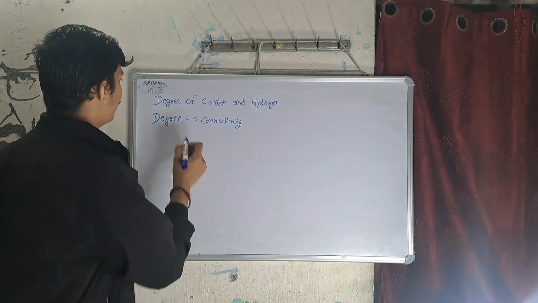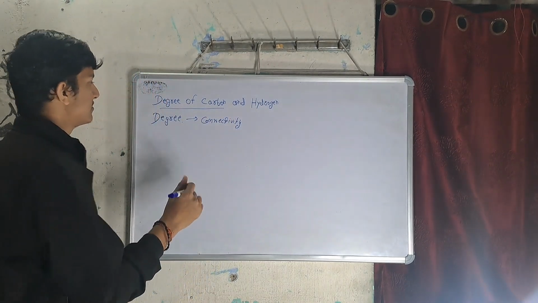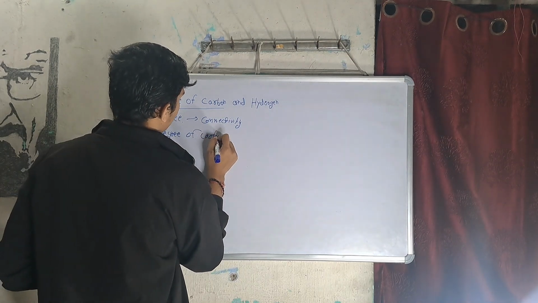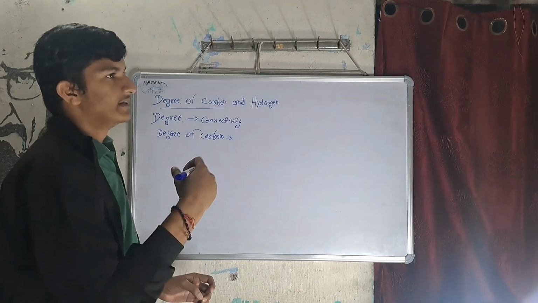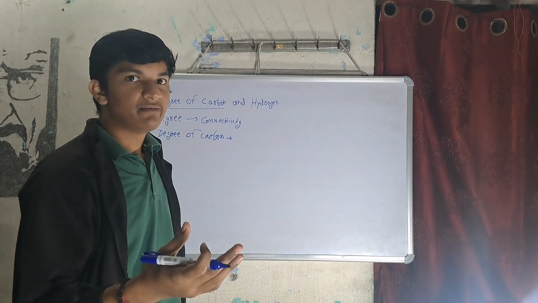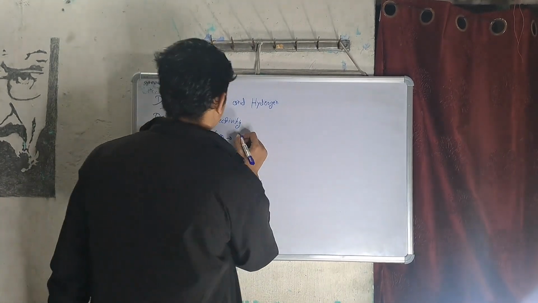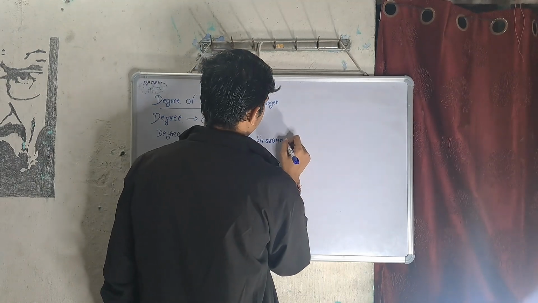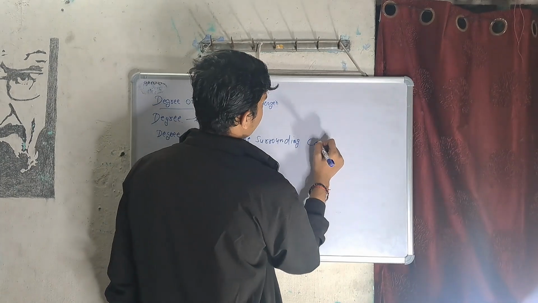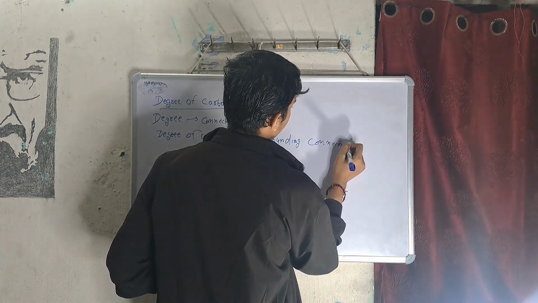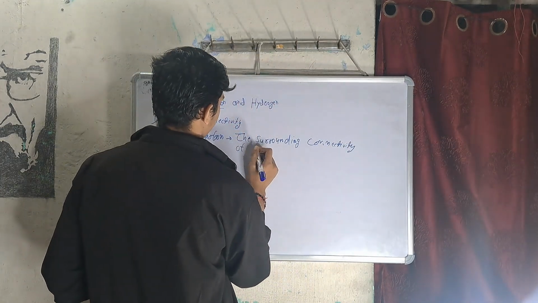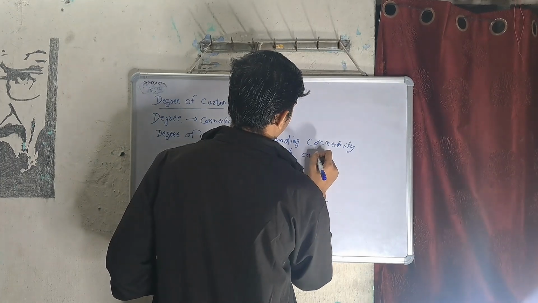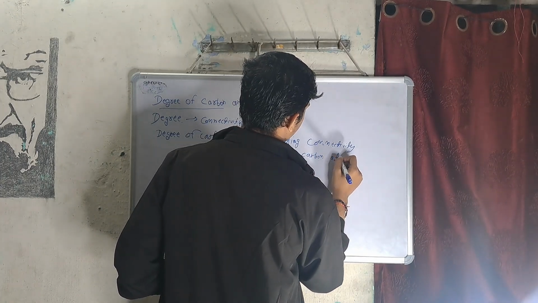If we take the full word, degree of carbon means the surrounding connectivity of carbon with carbon atoms.